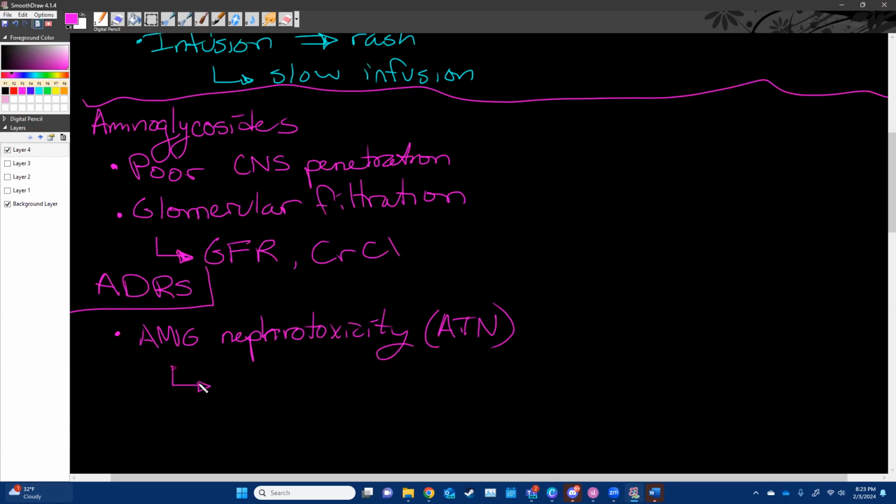So when we talk about drugs that are nephrotoxic, what can you guys remember? Which drugs are nephrotoxic? Drugs like NSAIDs, stuff like that, right?